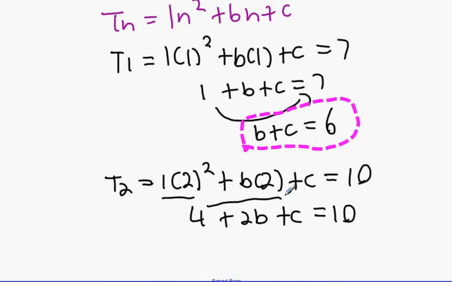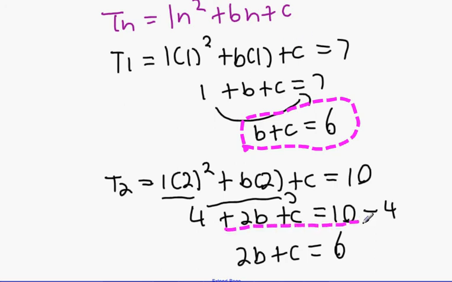Bring over the 4, it becomes a minus 4. 2b plus c equals 6. These are our two equations. You always need two equations to make this work.